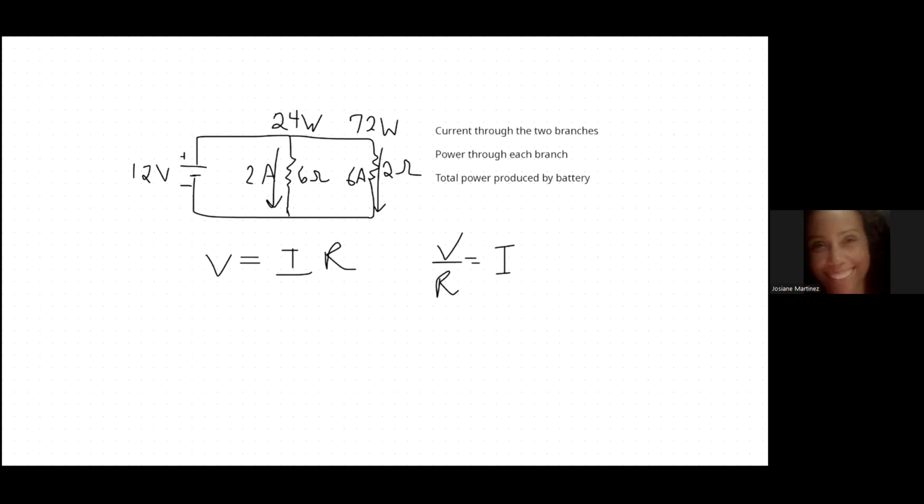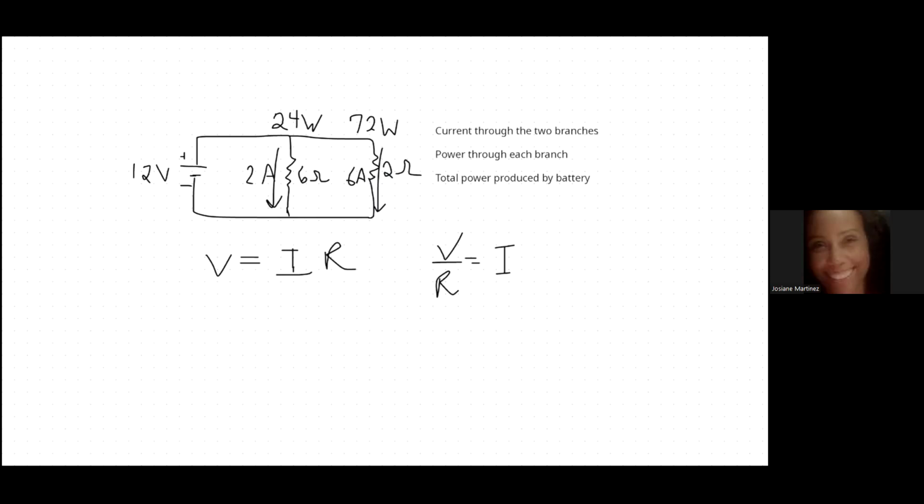It's a 1-to-3 ratio, right? It's inverted for the resistors and a 3-to-1 ratio on the currents. Likewise, the powers show the same 3-to-1 ratio, and it follows with the current. All right, that's a very straightforward application.